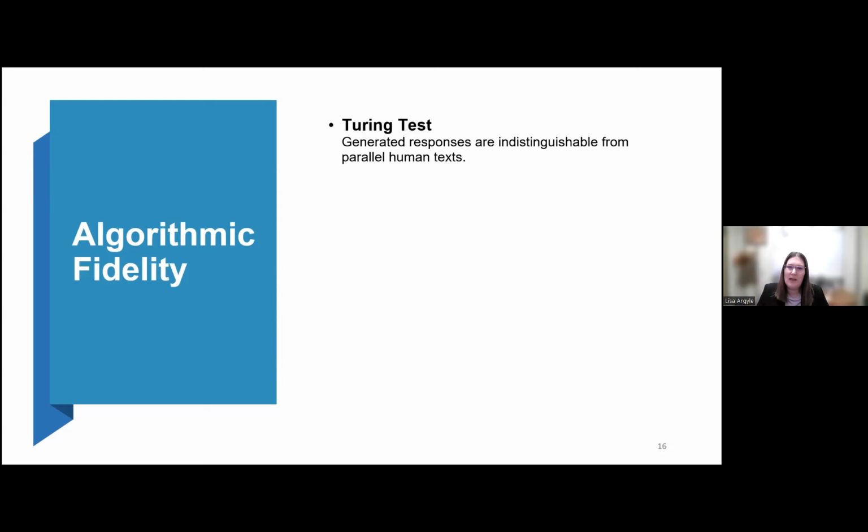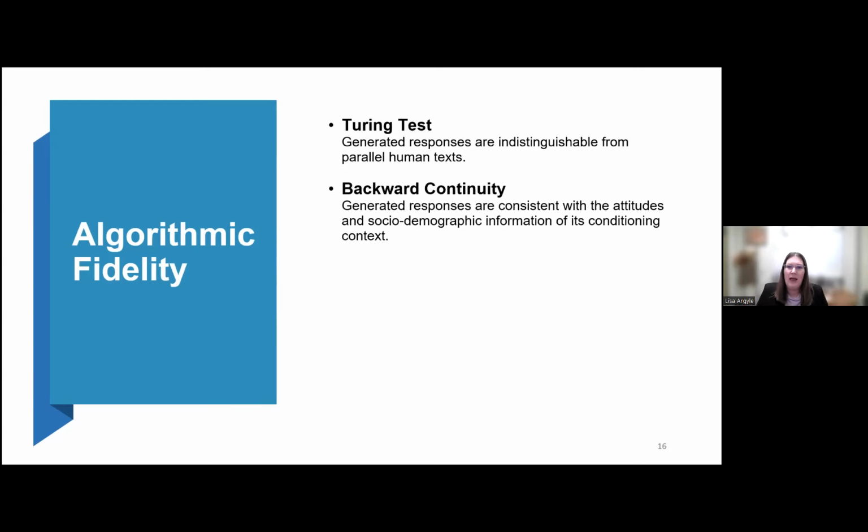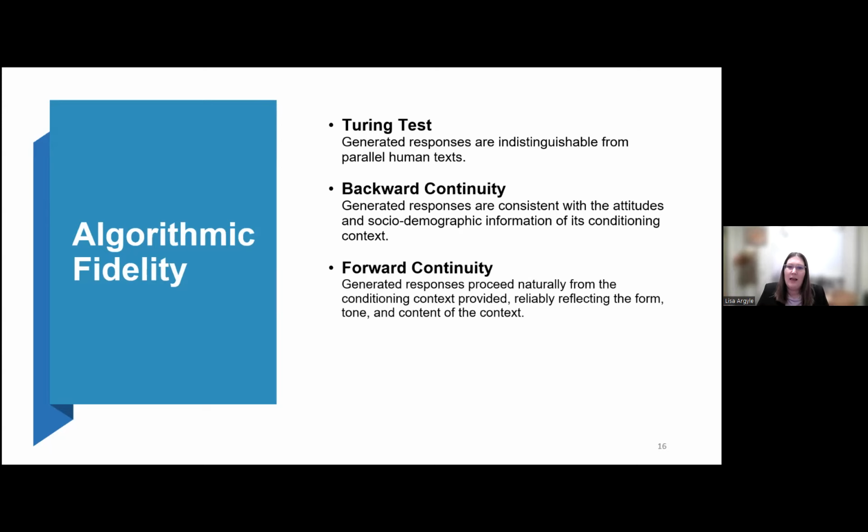One of these standards is the Turing test. The text produced by the model should look like what humans would have produced in that context. We say there should be some backward continuity, so the things that we feed into the model should be consistent with what comes out of the model. Some forward continuity: it should be the same form, the same tone, the same context as what went into the model.